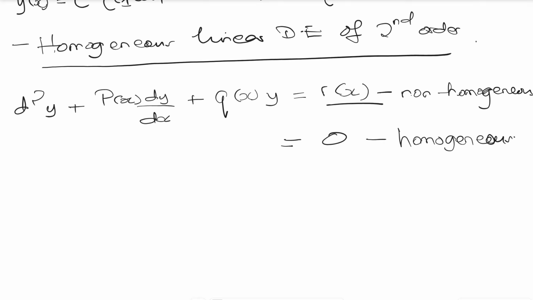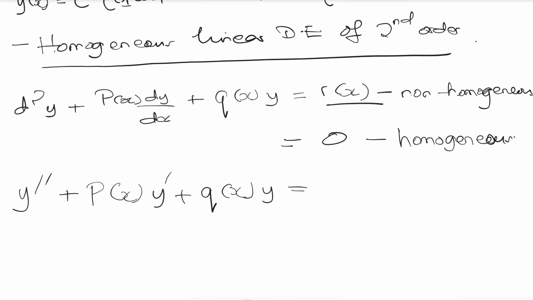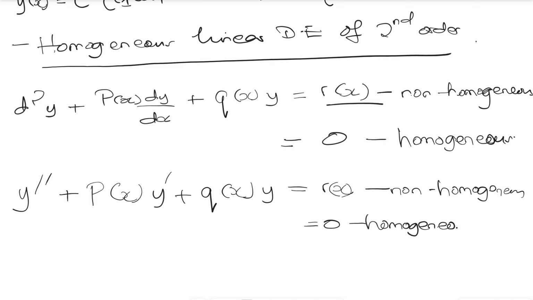Likewise, this equation can also be written in this form, P of x. This will be non-homogeneous, and if it is equal to 0, this will be a homogeneous equation.